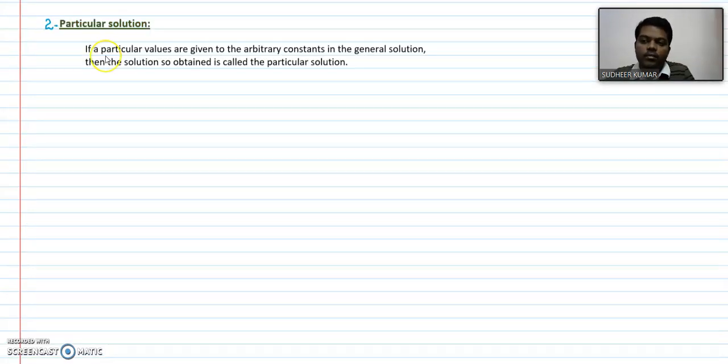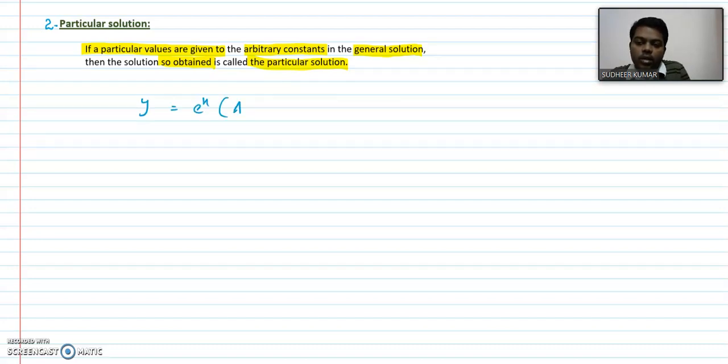Particular solution. If particular values are given to the arbitrary constants in the general solution, then the solution so obtained is called the particular solution. In the above example, if we take y equal to e power x into (a cos x plus b sin x), let us take a equal to 2 and b equal to 3.